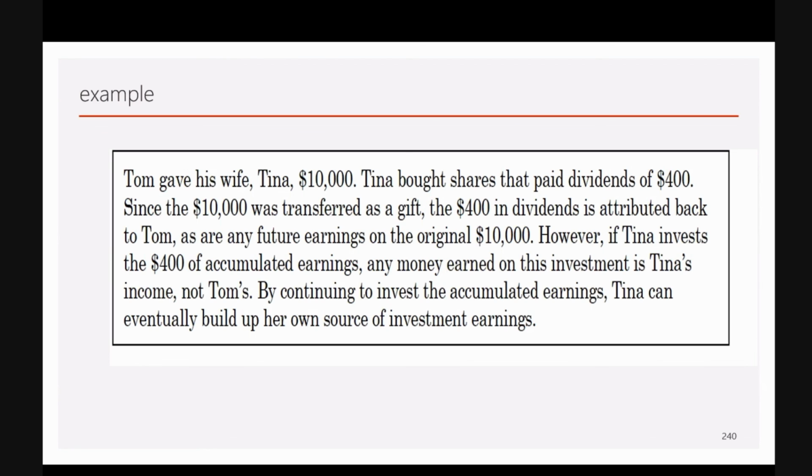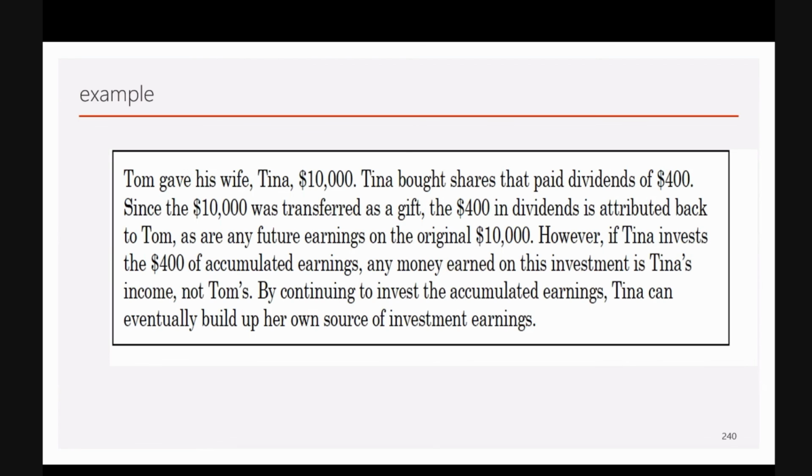So if Tina used that 1,200 to make an investment, then they get income, for example another 600. Then this 600 is Tina's to report, because this 600 is from the 1,200. So the 1,200 is Tina's money now.